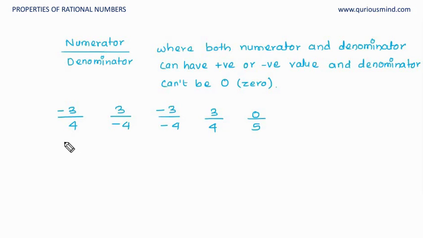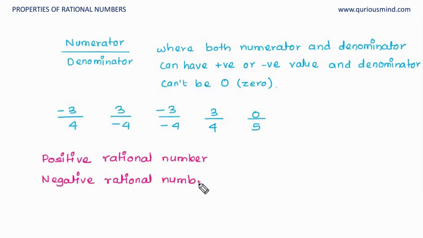And now we categorize these as positive or negative rational numbers. So which of these are positive and which of these are negative?